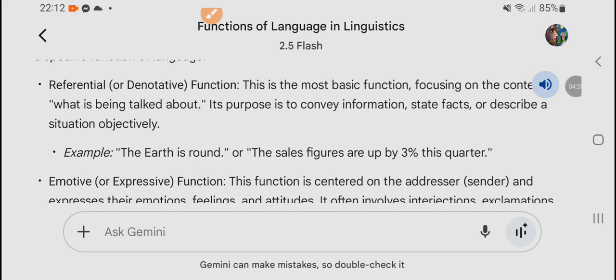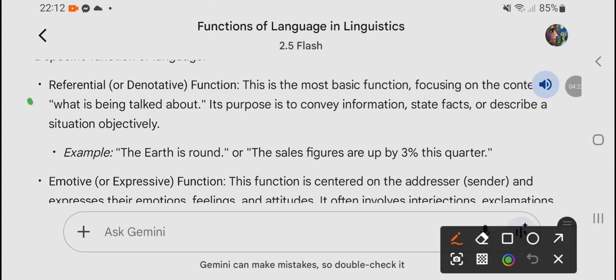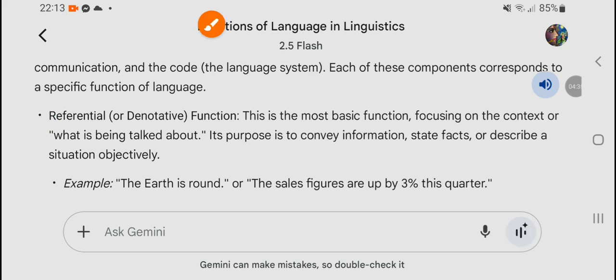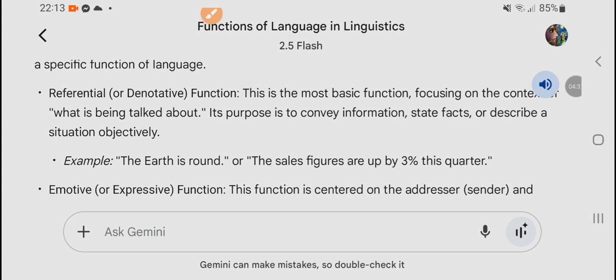The first function is referential or denotative. One is connotative, the second one is denotative. This is the most basic function, focusing on the context, or what is being talked about. Context may be different.